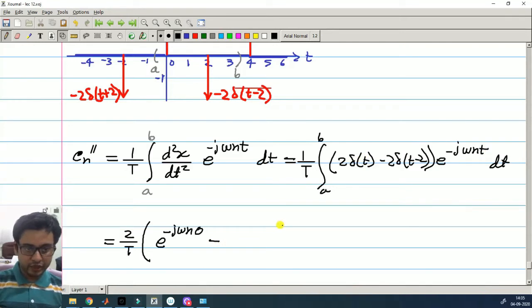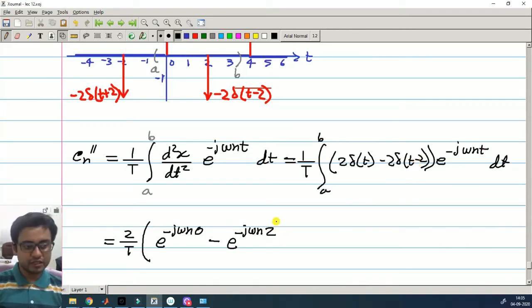And in the same way, the result of this delta function multiplied with this exponential after integration will be e to the power minus j omega n 2 in place of t, because this delta function occurs at t equal to 2.